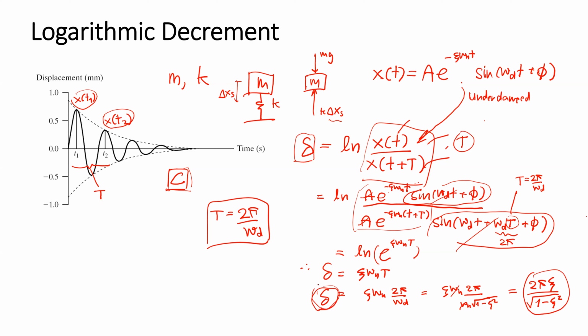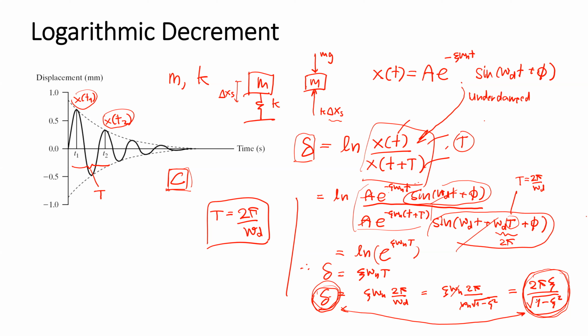You can obtain this, and this one is related to the damping ratio. But how can we obtain the damping ratio if we know the logarithmic decrement? So we need to modify the equation to obtain the damping ratio in terms of the logarithmic decrement.